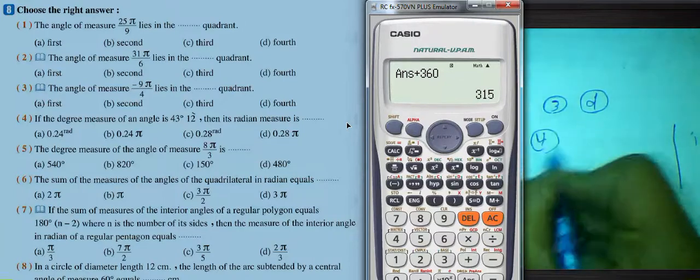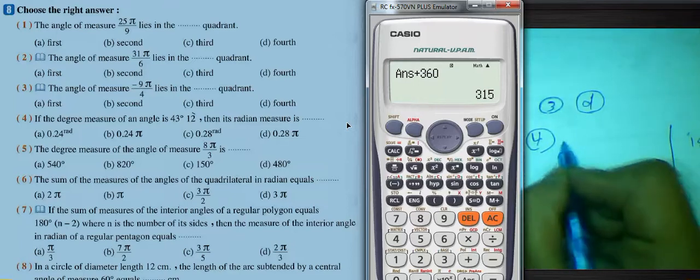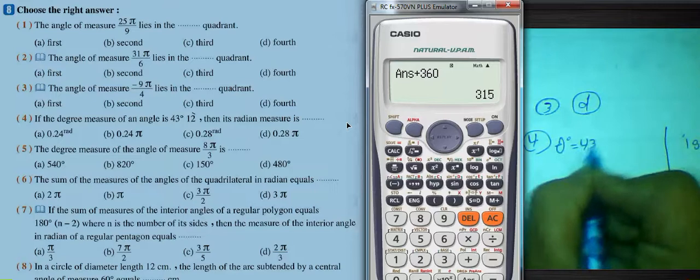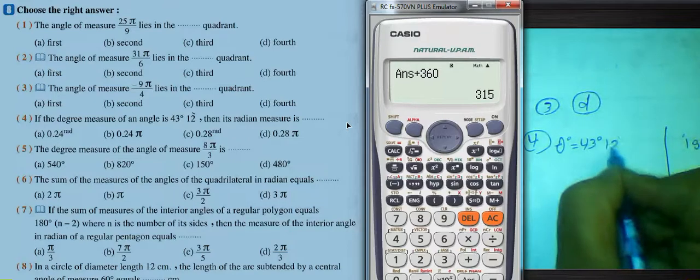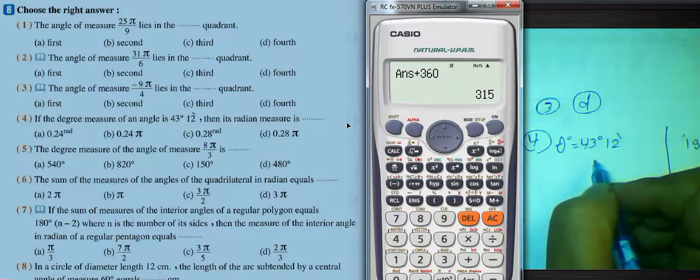Question number 4: if the degree measure is 43 degrees 12 minutes, then what is the radian measure? Who can solve it? It's easy for you.